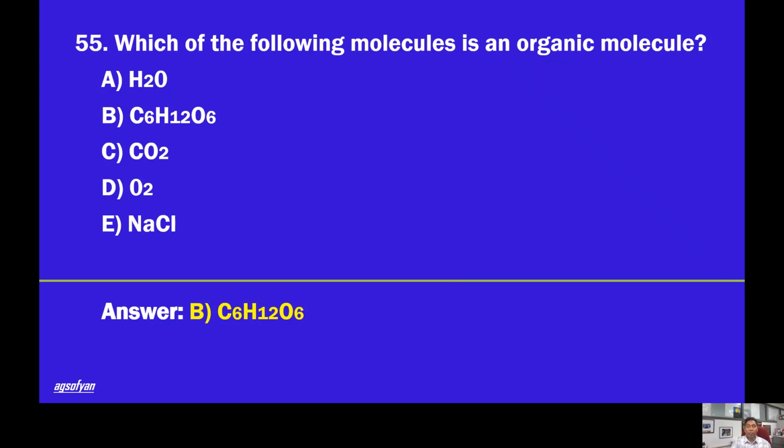This is actually glucose. So organic molecules are complex molecules that usually have more than 5 atoms, and they usually have carbon as a backbone.